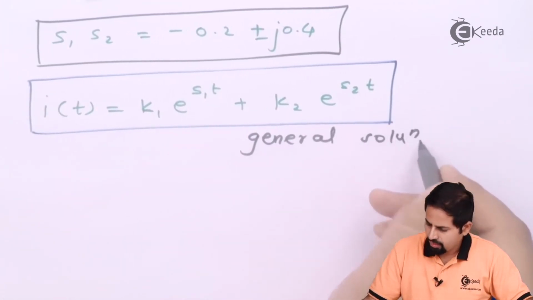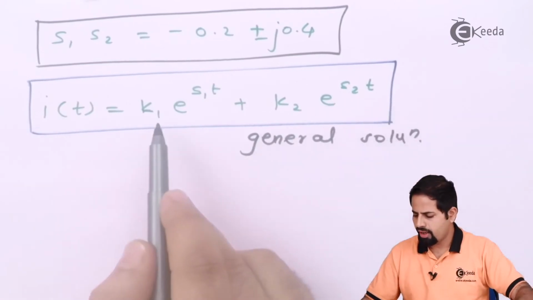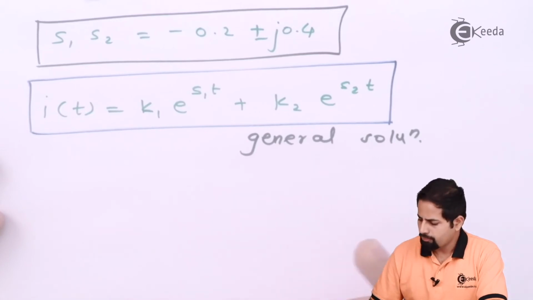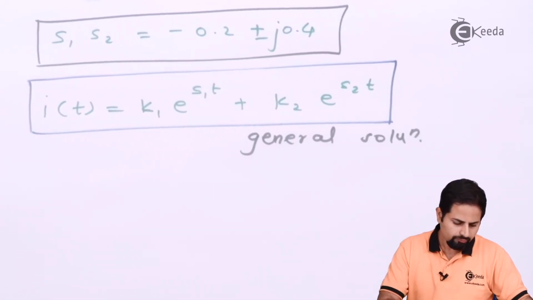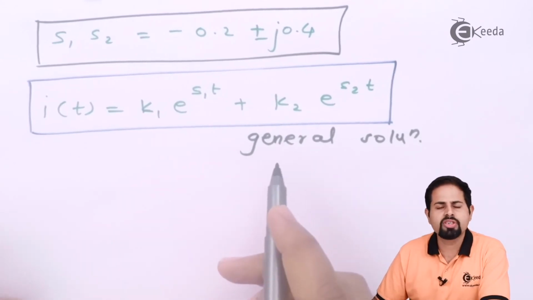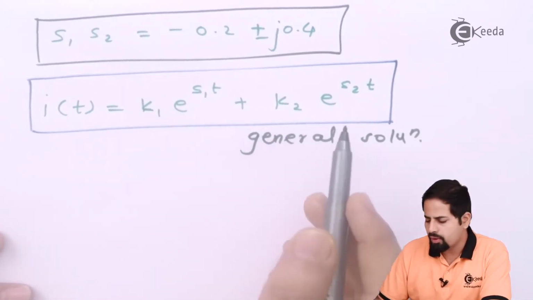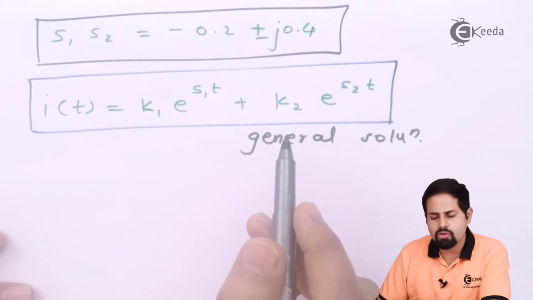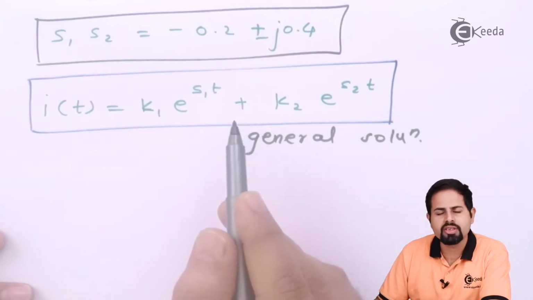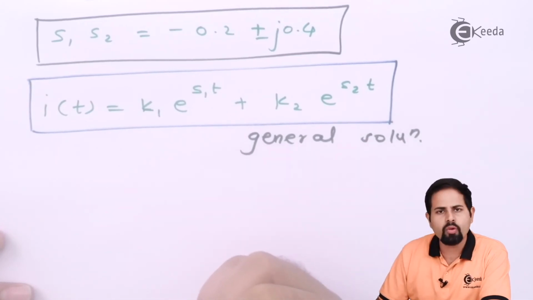This is our general solution, and when we are in a position to find the values of k1 and k2, then we will get the particular solution. Now, as it's a routine procedure, to find the values of k1 and k2 we need to put time t equal to 0, but that will give us only one equation because we have to find two constants. We will require two equations. So how to get the second one?